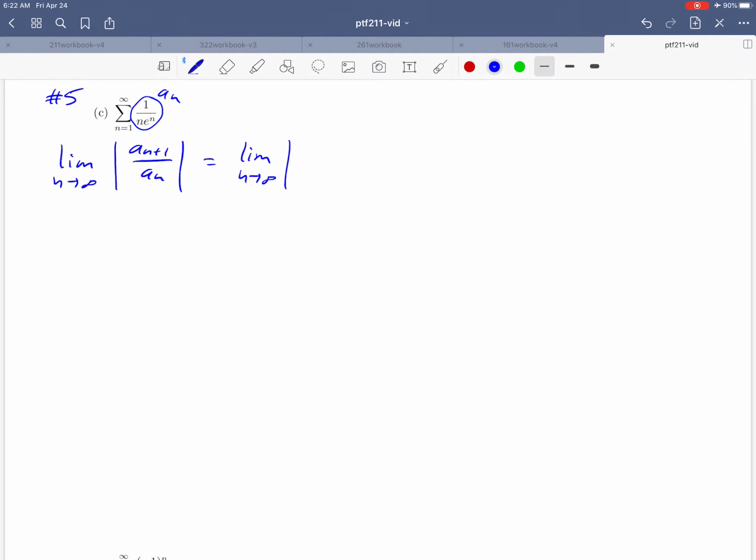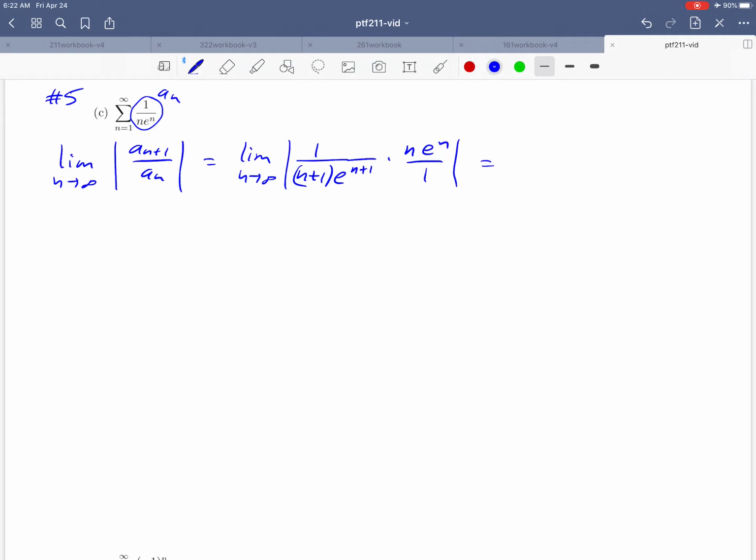If we write out what a_(n+1) is, remember, that's just the nth term in our series with n plus 1 substituted in for all of the n's. We're going to divide by a_n, which means multiplying by the reciprocal.